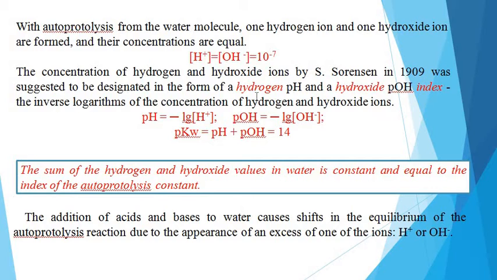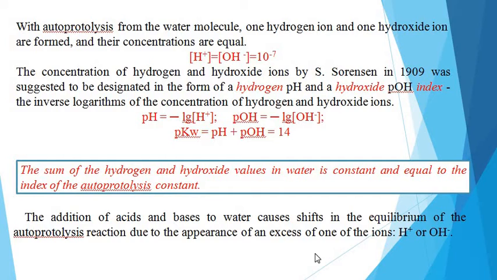In the case of pOH, it is the negative logarithm of the concentration of hydroxide ion. And from this, the index of autoprotolysis is pH plus pOH, which equals 14. The sum of the hydrogen and hydroxide values in water is constant and equal to the index of the autoprotolysis constant.